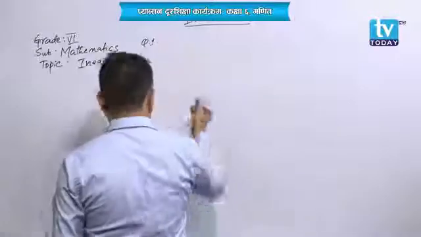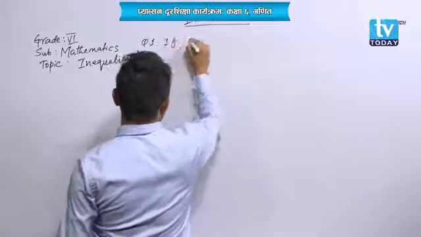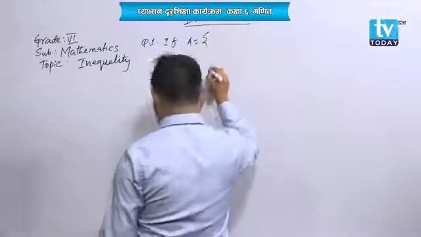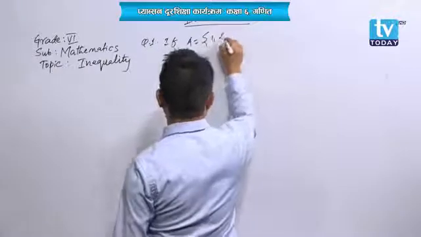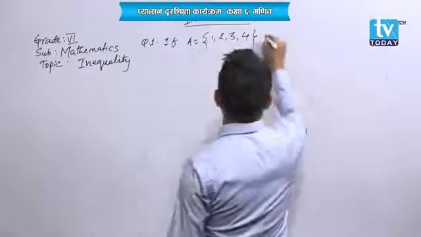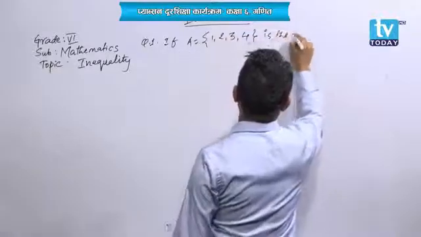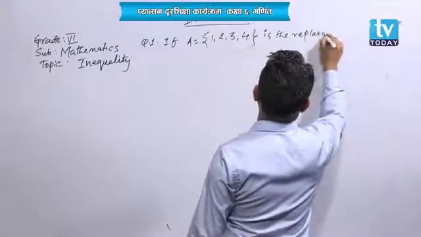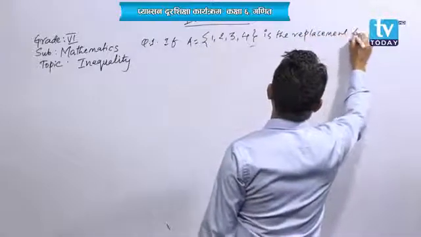Question number 1. If the set A equals 1, 2, 3, 4, it is the replacement set.